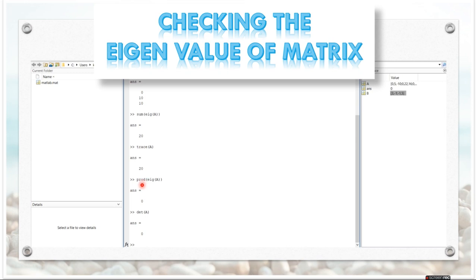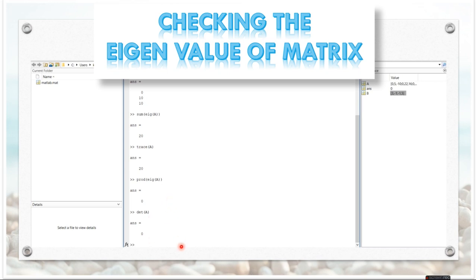Just as we had sum, the function for the product is prod, and in the parenthesis we give eig of A. When we press enter, we get 0 as the output. Similarly, as we found the trace, for the determinant we use det of A. If we type det of A, we get 0.